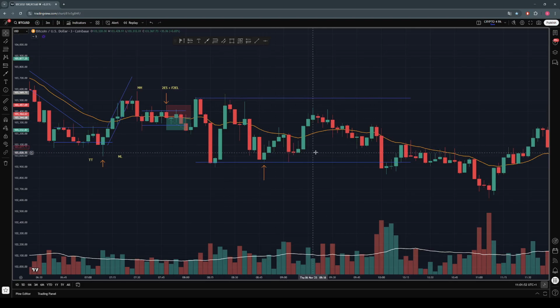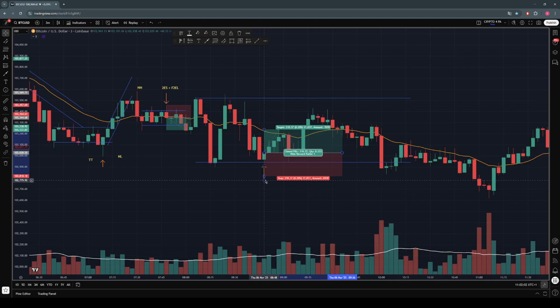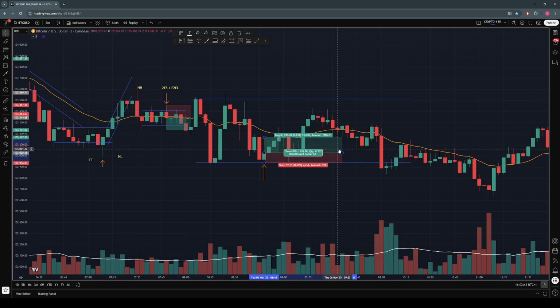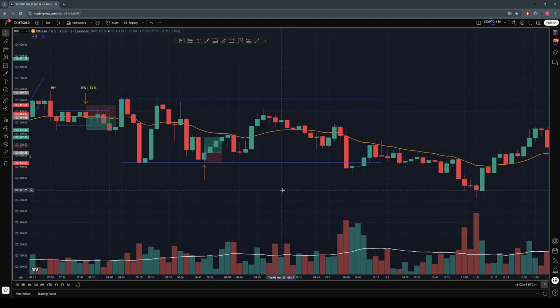The reason I draw it like this is because of the bar right here. This is a second entry. A clean one as well. If it was a better bar, I'd mark it, but in this case it's actually good that it's not a better bar. Well, because you can't scalp for 1.5 here.